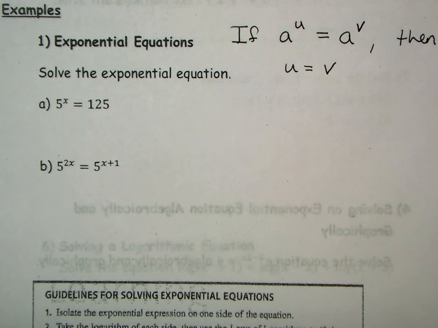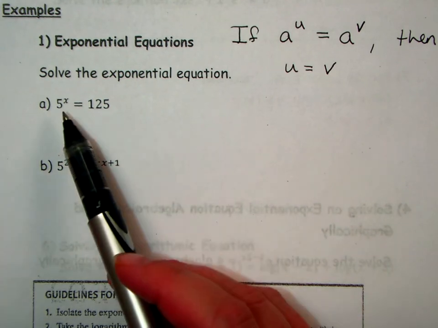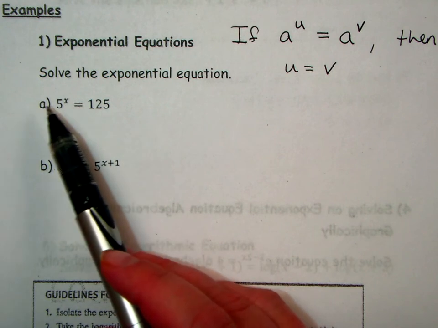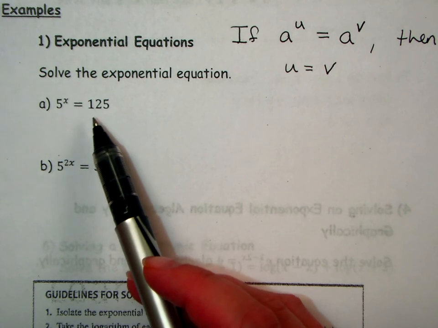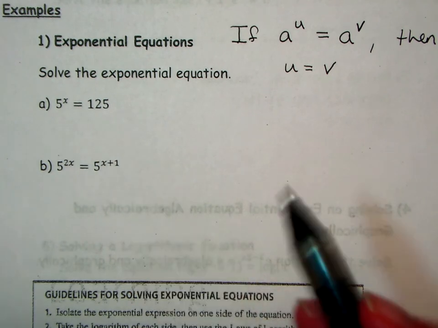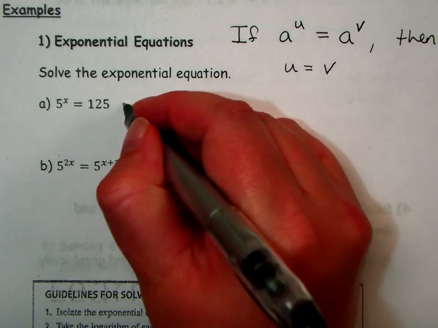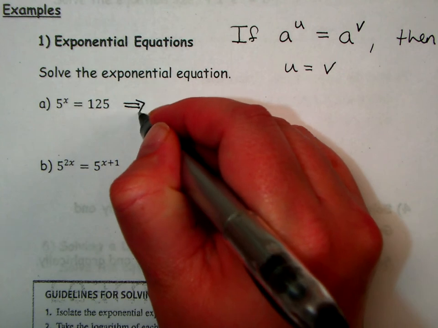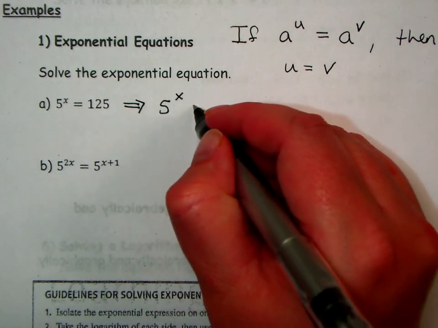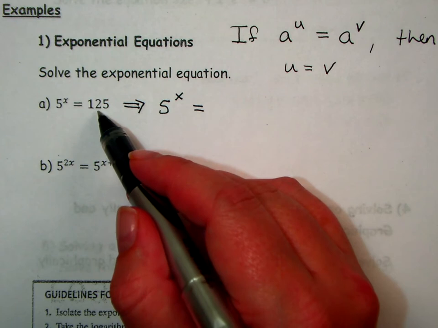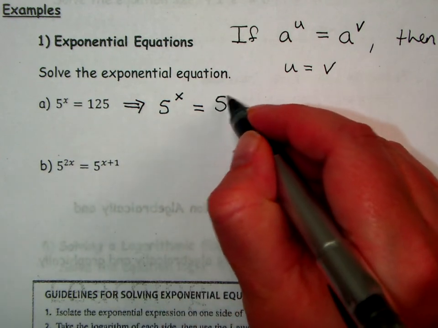In the first example, we have 5 to the x equals 125. At first glance, these bases don't match, but 125 can be written with base 5, because 125 is 5 cubed, 5 times 5 times 5. So I'm going to rewrite this equation: on the left-hand side we get 5 to the x, and 125 is 5 cubed.